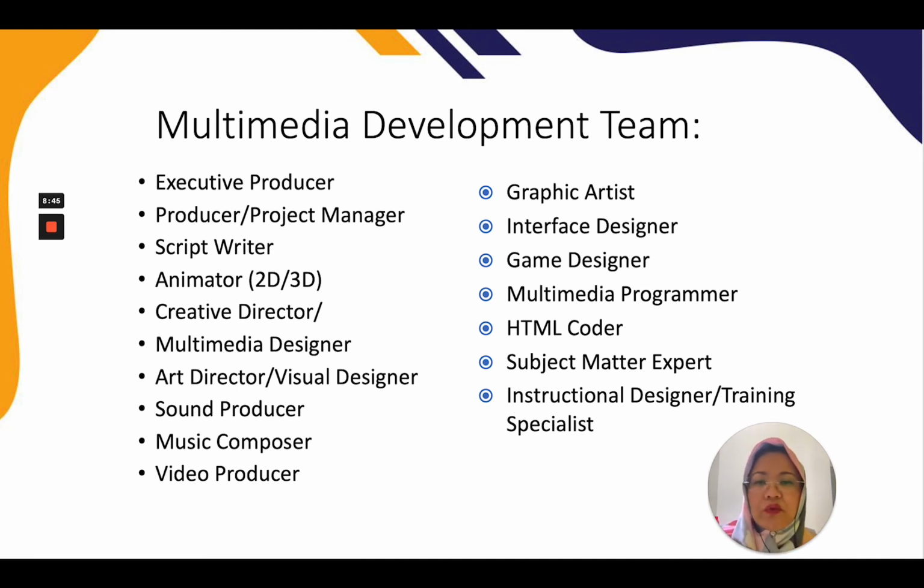You need a team to do it. You need, for example, an executive producer, script writer, creative director, and so forth, a lot. A multimedia development team is not only for developing apps; it can go beyond, even up to film production, like Hollywood. Before they come out with a movie, they have a team to work together and produce the movie. So these are all the roles they have.